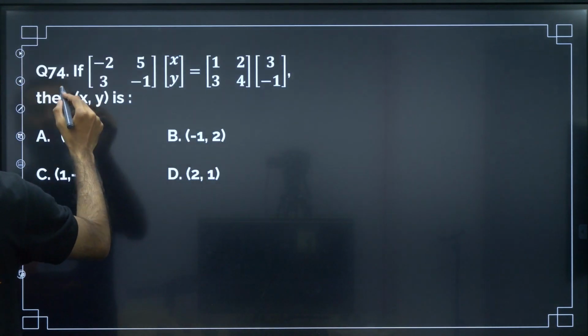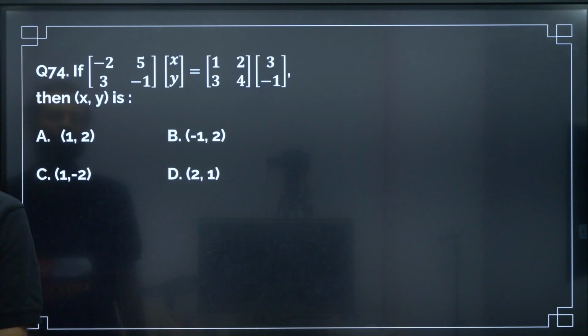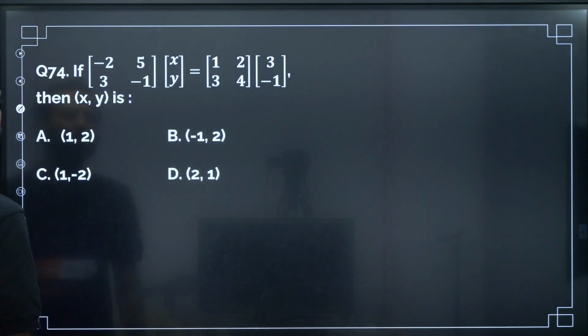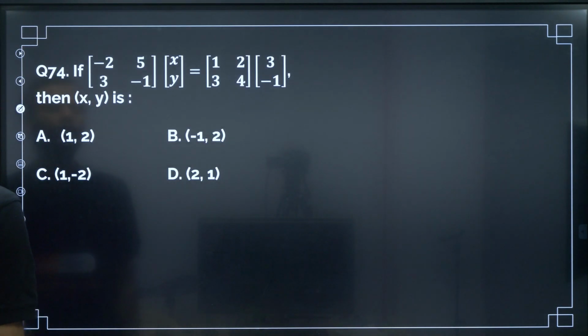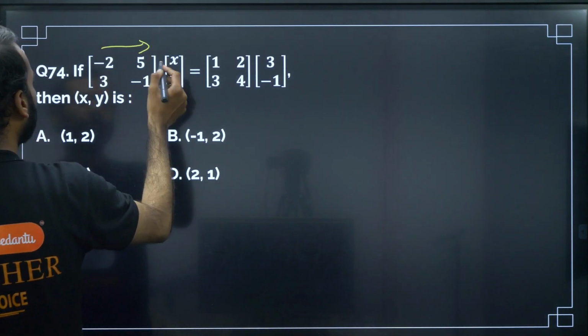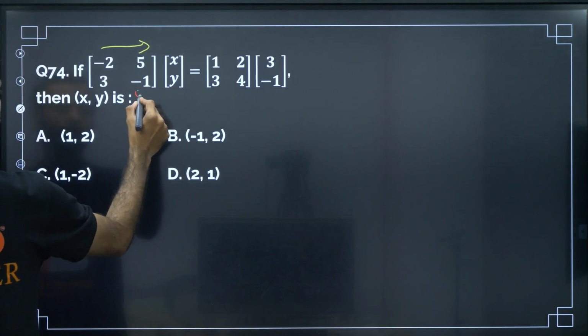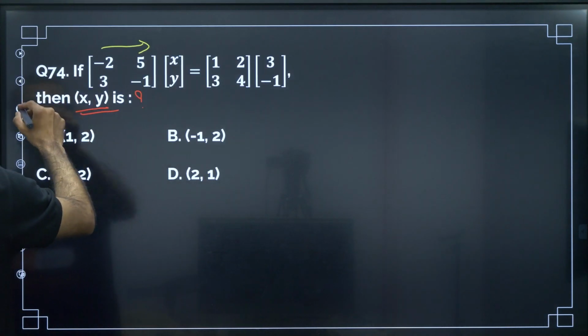This question is based on matrix multiplication. The matrix with entries minus 2, 5, 3, minus 1 multiplied by x, y is equal to 1, 2, 3, 4, 3, minus 1. Then find x comma y. They have given two equations in matrix form.